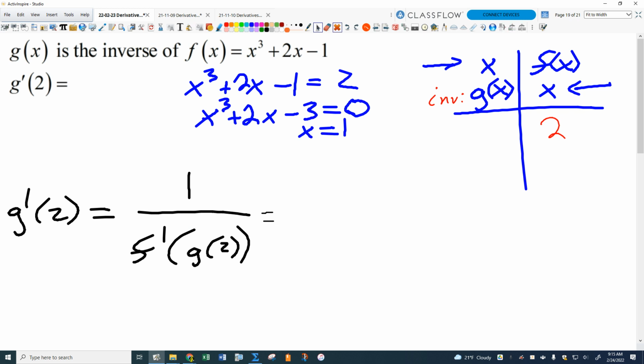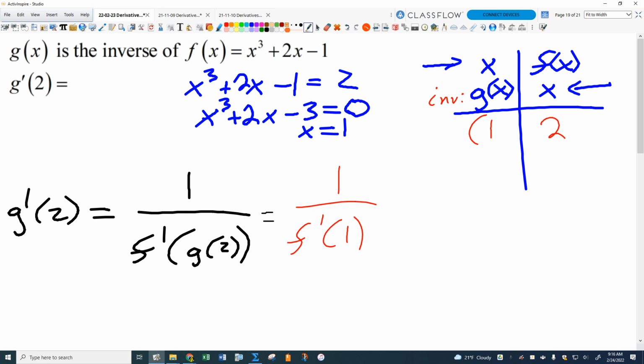So we get 1 as our output. There's our ordered pair. So g prime of 2 is 1 over f prime of g of 2. Well, g of 2 is 1. All I got to do now is just evaluate my derivative at 1, and that's the number that goes on the bottom.